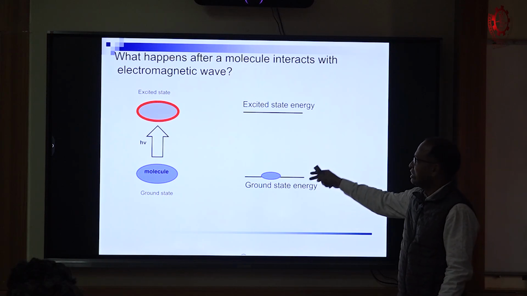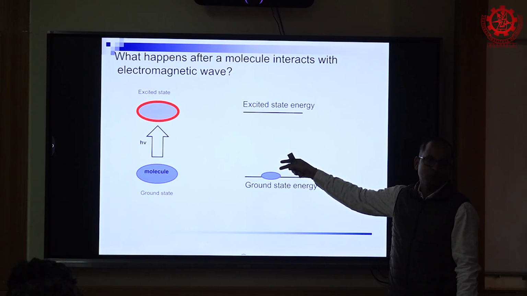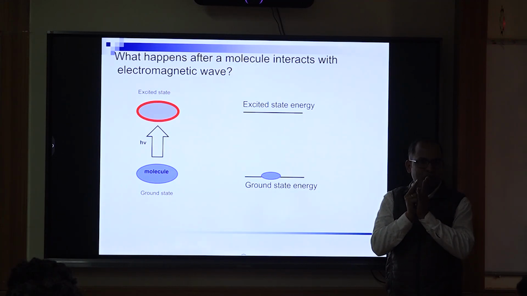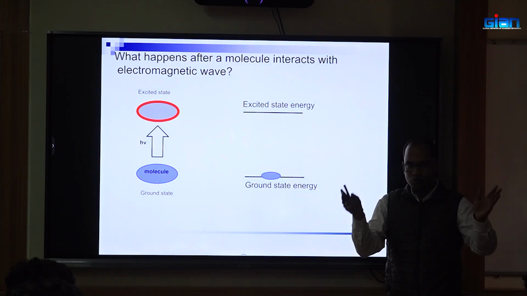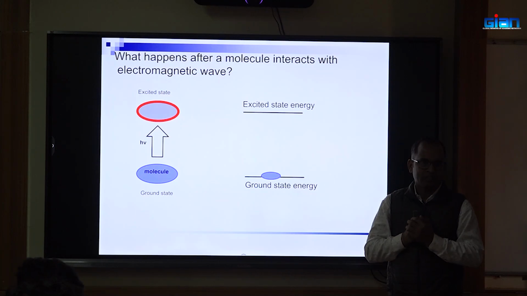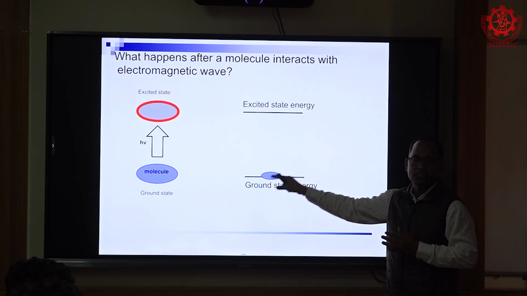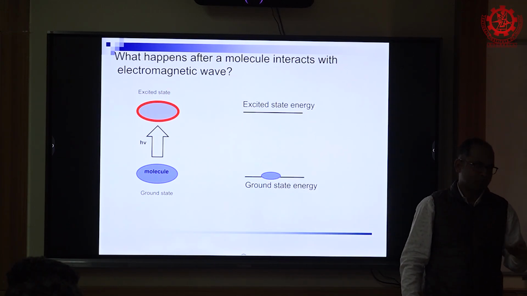Now this is again the basic principle. Think about your molecule, whether it is in material, food or anything else. That molecule always remains in the ground state, the most stable state.